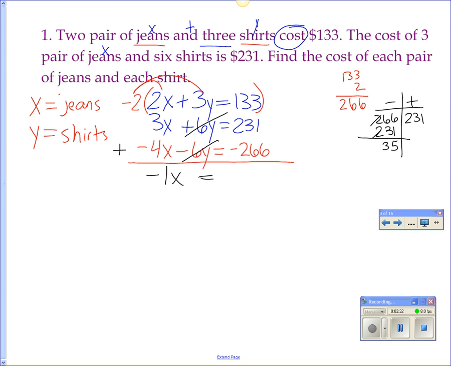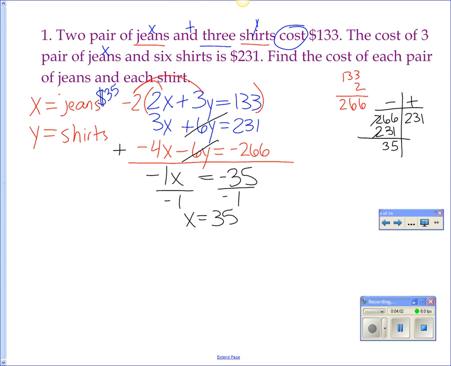So I get negative 35. What do I do last? So x is 35. What did x stand for? Jeans. So 1 pair of jeans, this is a store, is $35.